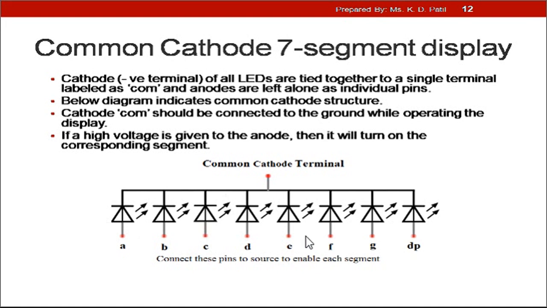Now the cathode COM should be connected to ground while operating the display, as at the anode side the high voltage will be given and then it will turn on the corresponding segment. For example, here at A, if high voltage is given, then this A segment will turn on and that respective LED will glow.